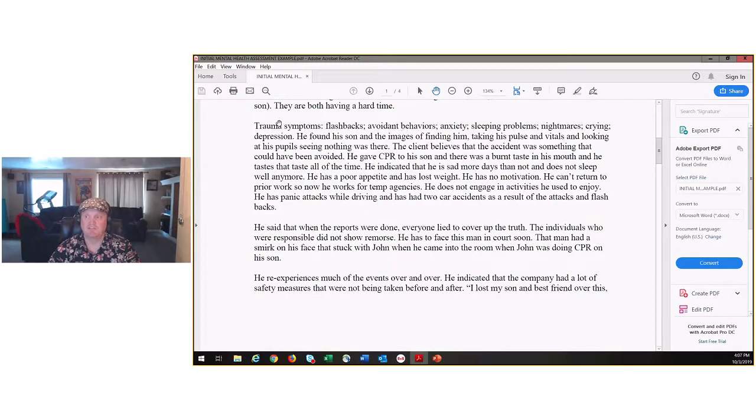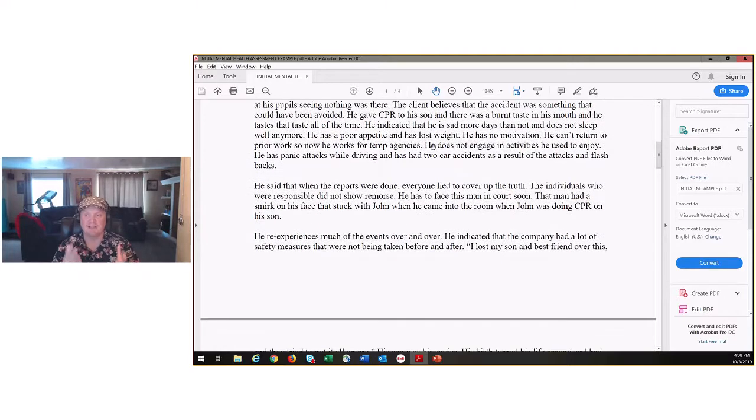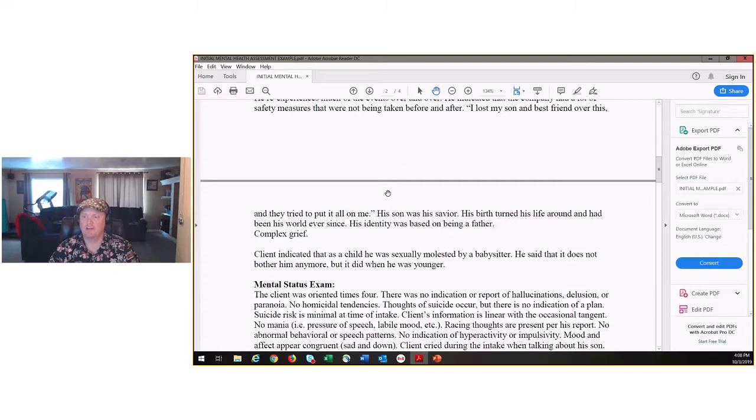In this one, he's got flashbacks, avoidant behaviors, which I'll talk about later, anxiety, sleeping problems, nightmares, crying, depression. He continued to have flashbacks of finding his son. That's one of the big things, as well as the anger towards the person who he feels was responsible for the negligence that happened on the job site. So that's what all of that information is.